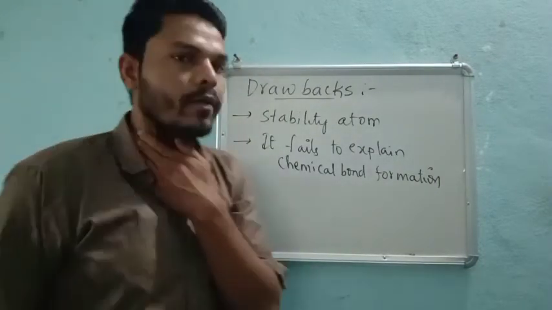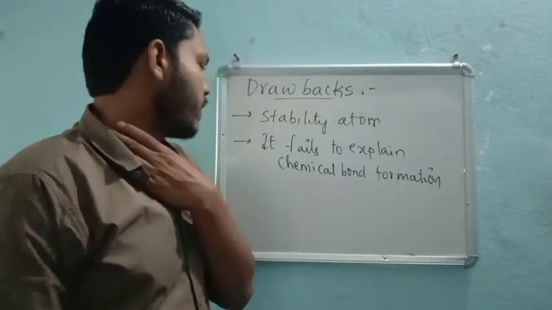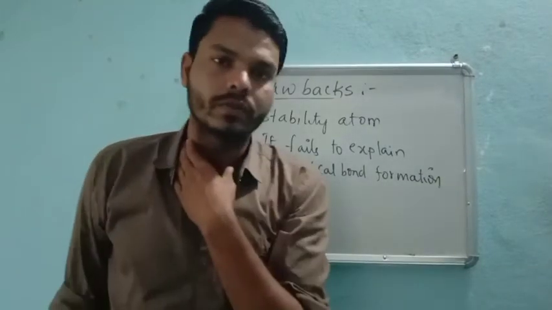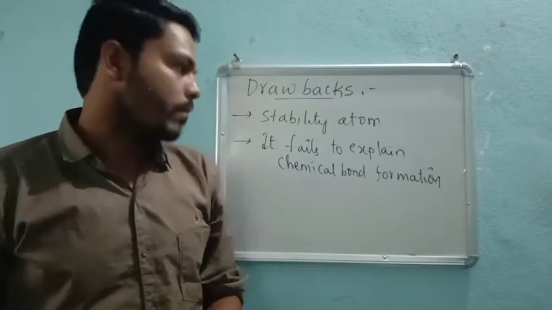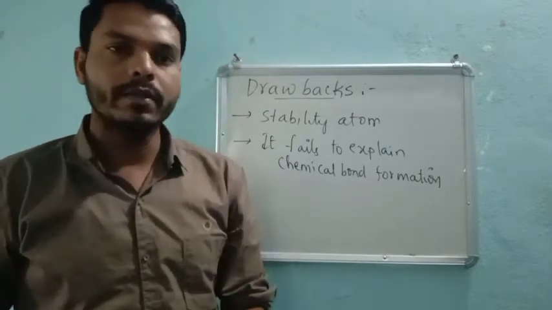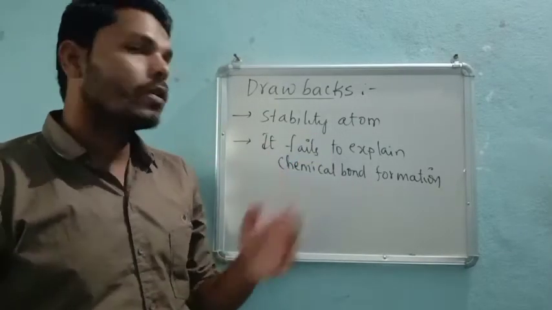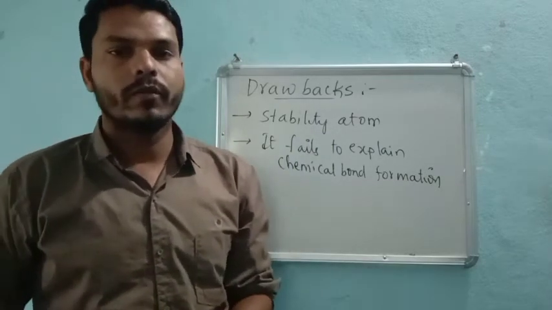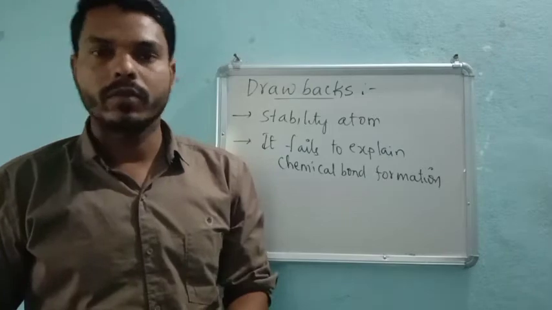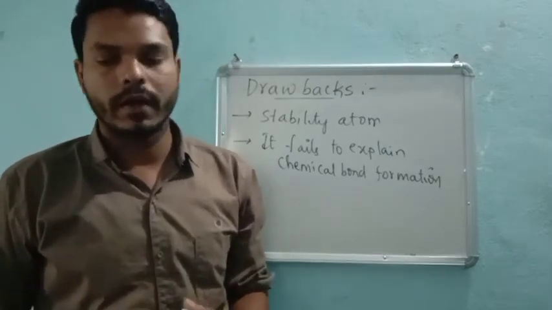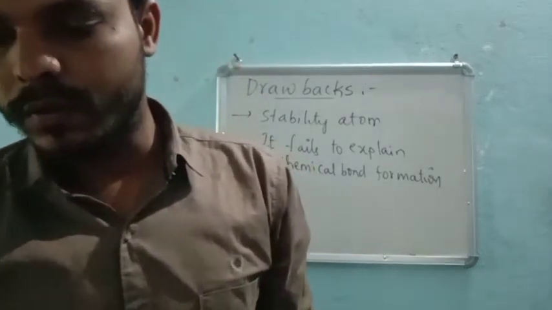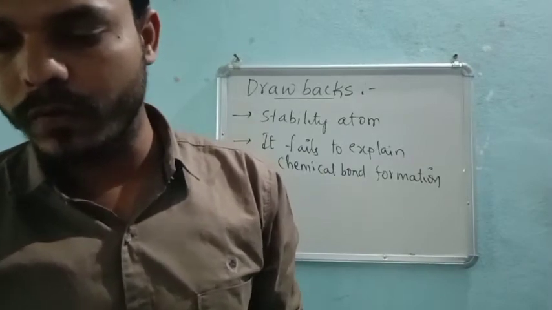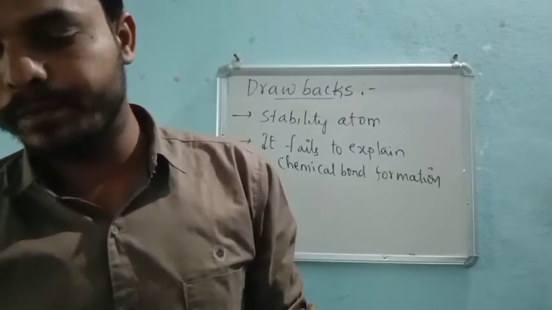It couldn't explain the stability of the atom, and finally chemical bond formation was also not explained by this Rutherford alpha ray scattering. So this is all about the Rutherford alpha ray scattering. Go through it, and definitely you will come to know about it.